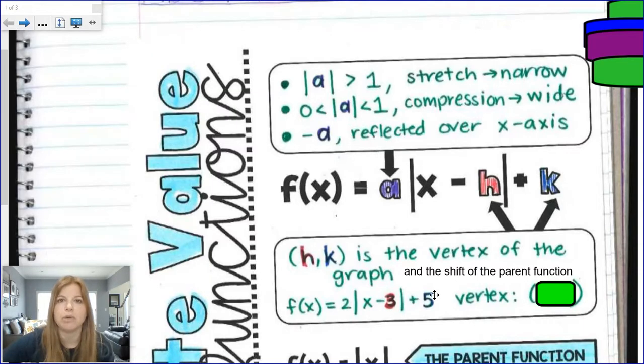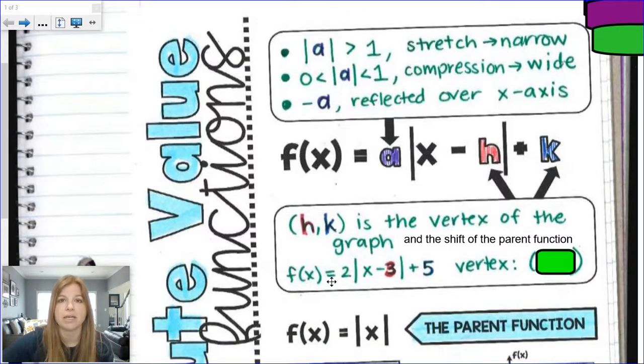If I give you an example of a function here, f of x equals 2 times the absolute value of x minus 3, plus 5, I'd be able to know, first of all, an A value of 2 means that my graph is going to be skinnier than the parent function. And then x minus h.